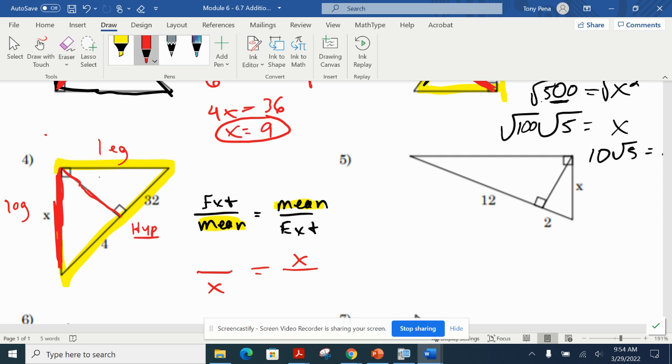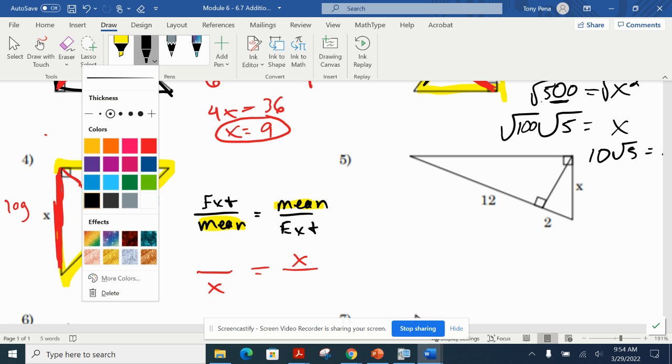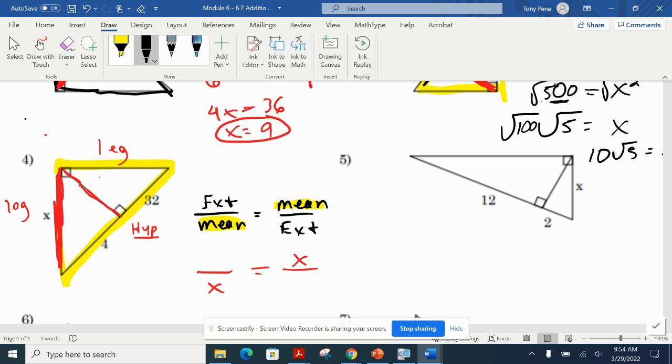And that is the geometric mean of, if I pulled up yesterday's notes, the adjacent segment on that hypotenuse. Since this is our leg, adjacent means right next to. So the segment that's right next to this on the hypotenuse is right here, and that has a length of 4.